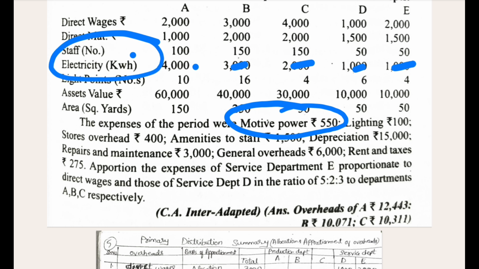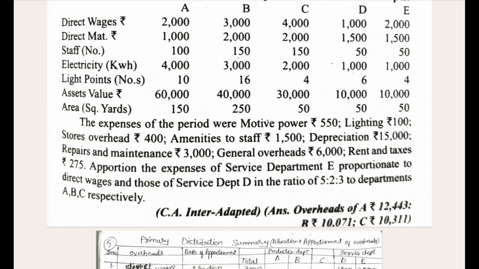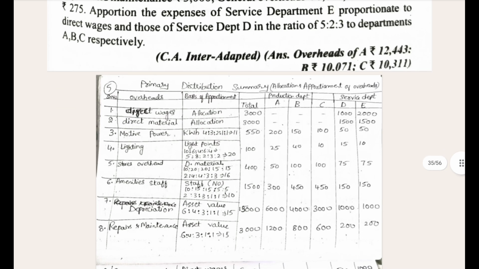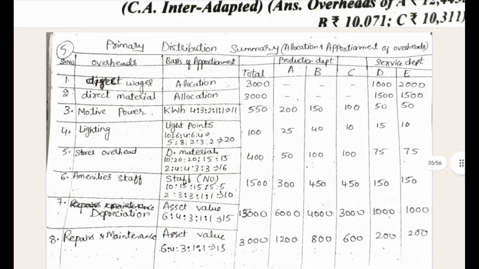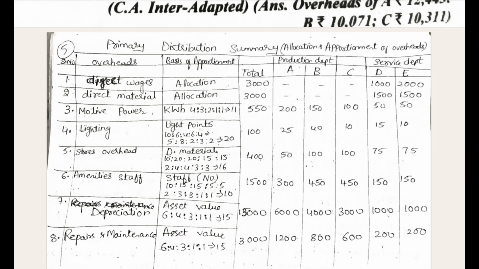It's clear? You should know whatever the overheads are, on what basis we have to apportion them. That is the key point you have to remember in this chapter. By practicing you will get it. Whatever new points you get, just note them down on the last page so that it will be easy for you.